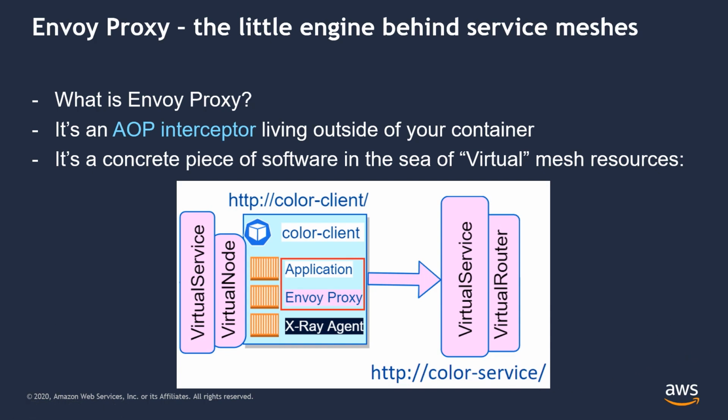This way, all virtual mesh resources get transformed into tangible configuration settings and rules sent down to appropriate Envoy proxies, which then do all the actual work of routing, listening, calling, outputting telemetry data, and so on, just as aspect-oriented framework interceptors in your application might have done to complete similar tasks.